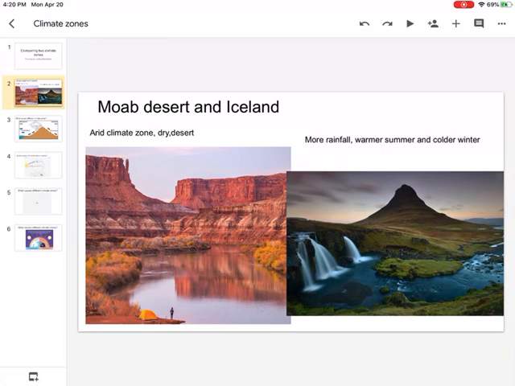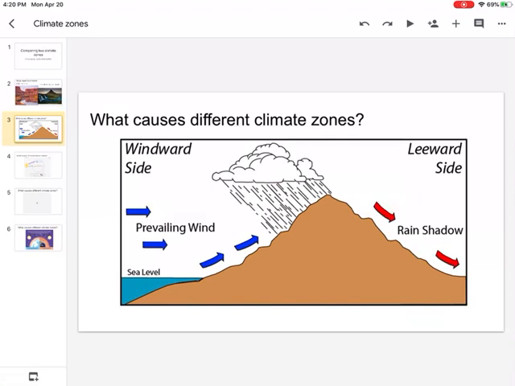Second question in our science for this week is give at least 2 reasons why climate can be different in different areas. So this is one of the theories they talked about in the video, which is when you have a mountain, and there's usually around a mountain, there's going to be water somewhere.